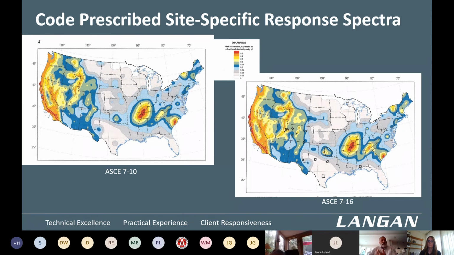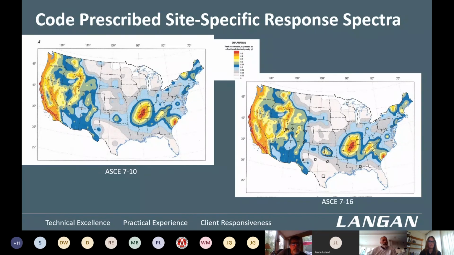California has its own code, probably Washington has it, same thing all over the United States. To the right is a set of maps prepared as part of ASCE 7-16, which is the latest code, jurisdictional code right now.